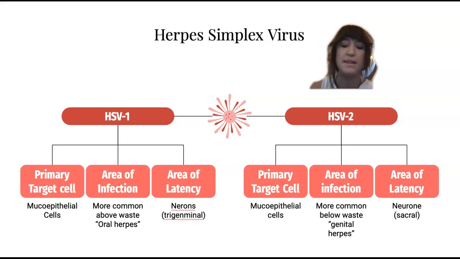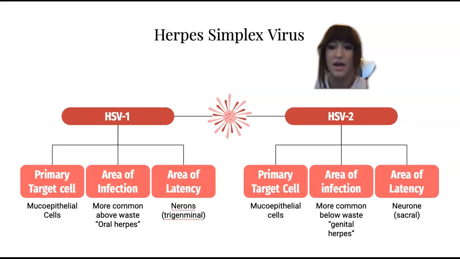However, they are not limited to these locations and can infect either one, but this is what they're more commonly associated with. HSV is often a recurrent disease, but it's not terribly dangerous unless we're talking about infection of the brain or the eye. When herpes infects the brain or the eyes, this can have significant morbidity and mortality.